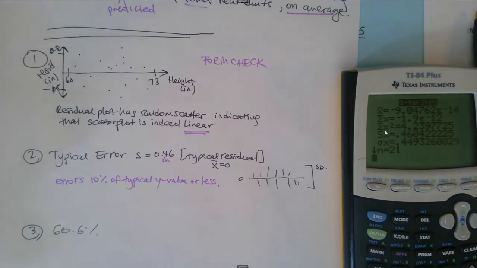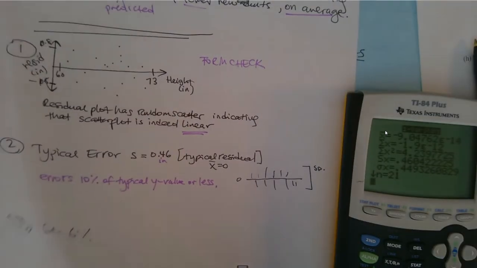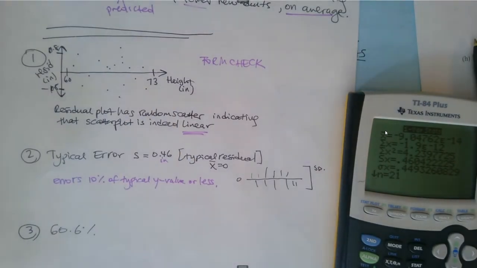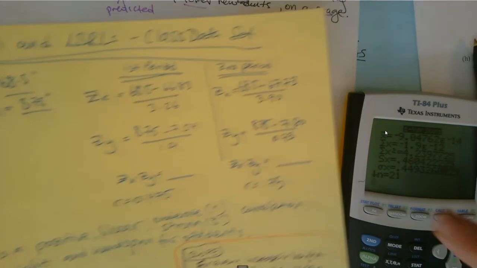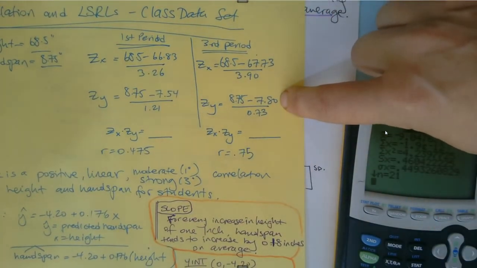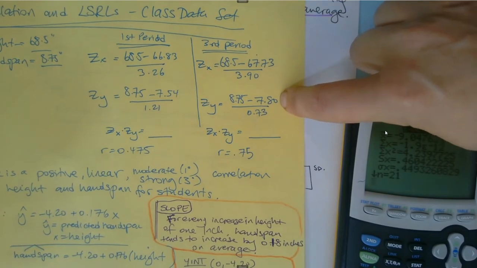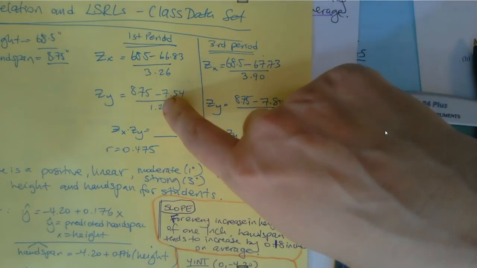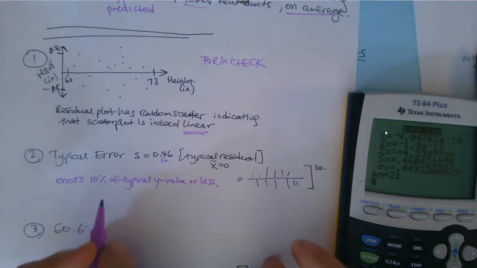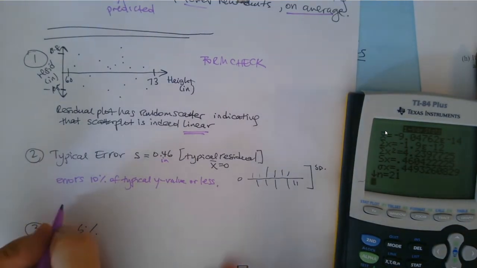So to do that, I am going to look at our typical height for third period, with our typical hand span for third period. I ended up using it for first period by accident. So first period, our typical value is 7.5, 7.8 for third period. Not a big deal. All right, so I would like to know, is this 10%?